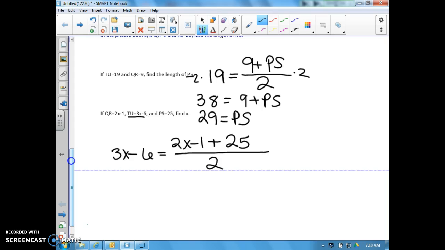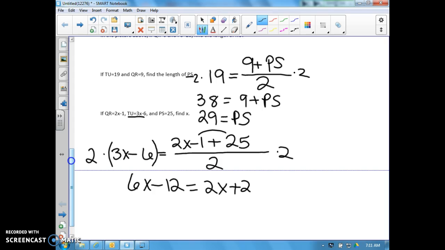Just like I did before, I'm going to multiply by 2 on both sides to get rid of the denominator. So I get 6x minus 12 equals 2x plus 24, combining those. Get all your x's on one side, all your numbers on the other. I get 4x equals 36, so x is 9.